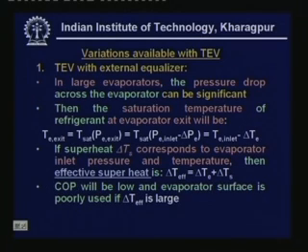So COP will be low and the evaporator surface is poorly used if delta T effective is large. What it means is, let us say that you have selected a thermostatic expansion valve which senses the inlet pressure of the evaporator, and the exit pressure of the evaporator is sensed by the power fluid, and the degree of superheat is fixed accordingly. If there is a large pressure drop across the evaporator, then the evaporator exit pressure will be very low, and the corresponding saturation temperature at the exit also will be low.